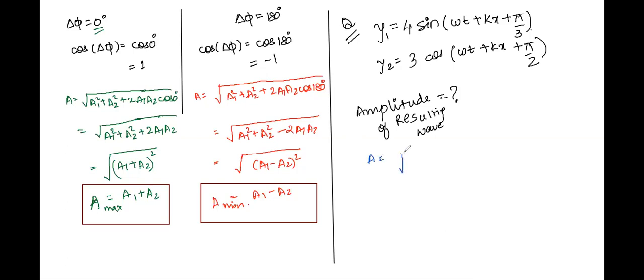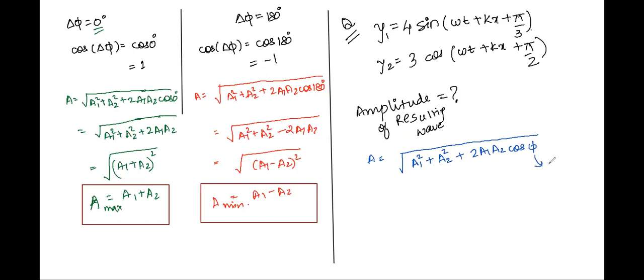A is equal to, formula for amplitude. A is equal to the square root of A1 squared plus A2 squared plus 2 A1 A2 cos phi. What is phi here, Mahila?